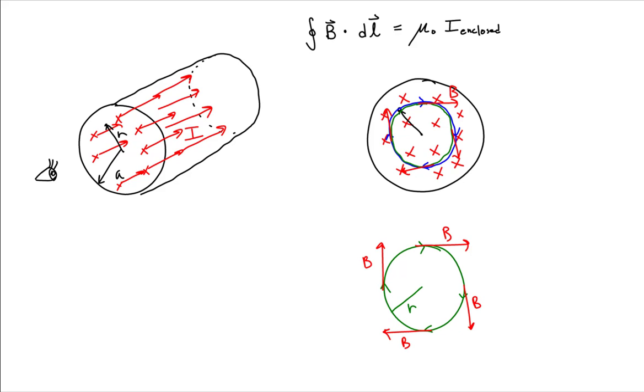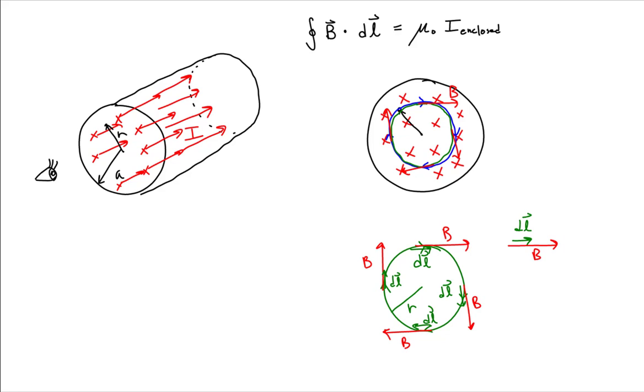So our Amperian loop, being a circle, has radius r. We could look at various length differentials of our Amperian loop. So our Amperian loop has tiny segments dl all the way around. We just have to look at the relationship between that tiny element of loop and our magnetic field.